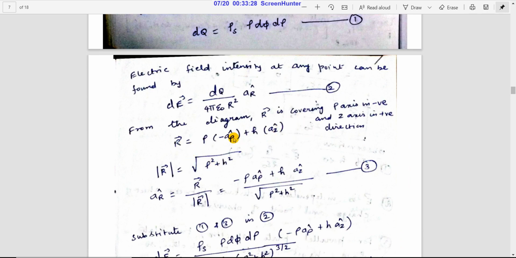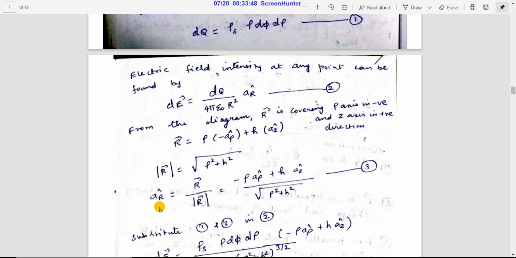So we can say the r vector is minus ρ into a_ρ cap plus h into a_z cap. So the magnitude of the r vector is equal to root of ρ square plus h square.